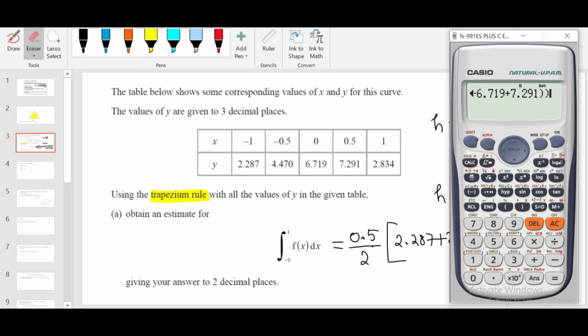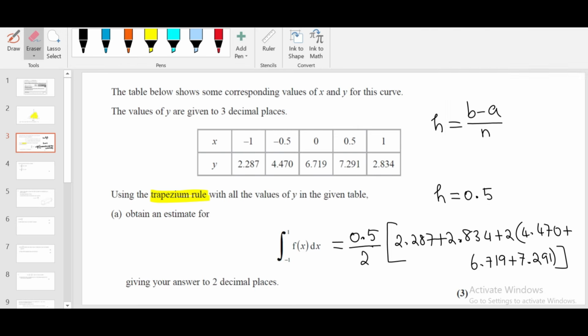Close the bracket and close the bracket again. That's the answer. They want the answer to 2 decimal places, so it's 10.52. So the answer is 10.52.